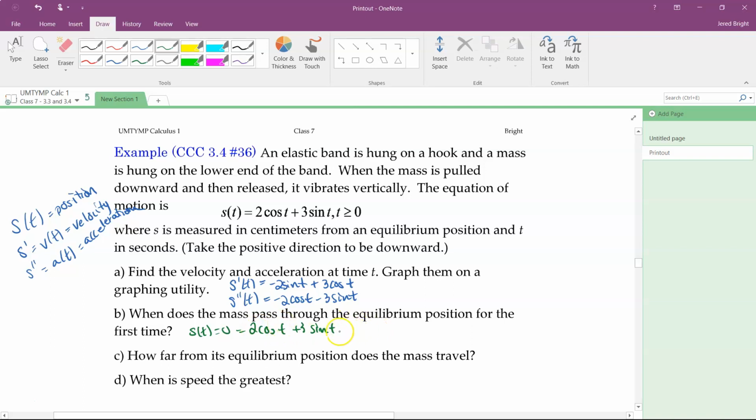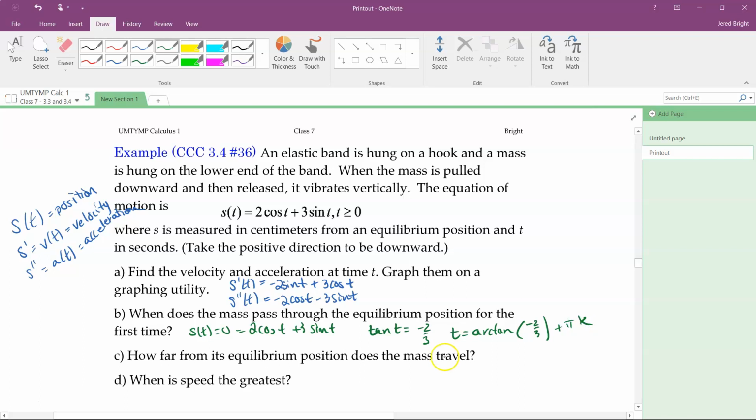Manipulating this around, you get tangent of t is equal to negative 2/3. Then for t you can find arctangent of negative 2/3, and remember that you can add pi k to it for the periodic component.